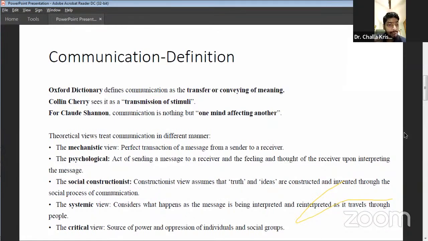And then social constructionist. The social constructionist view talks about truth and ideas. When senders and receivers share information, they're sharing ideas, and through these ideas they're creating different truths. Truth is beauty, beauty is truth. The systemic view considers what happens as the message is interpreted and reinterpreted.